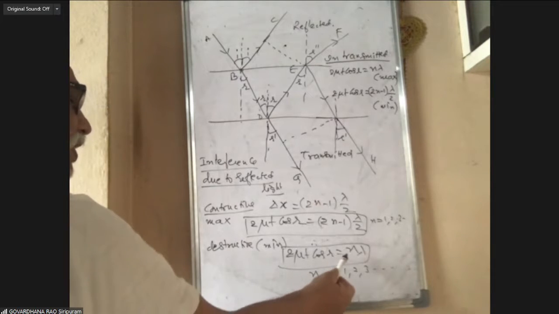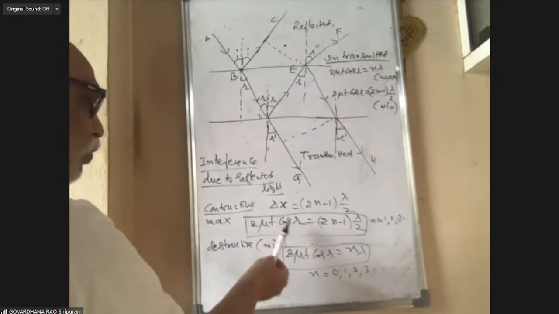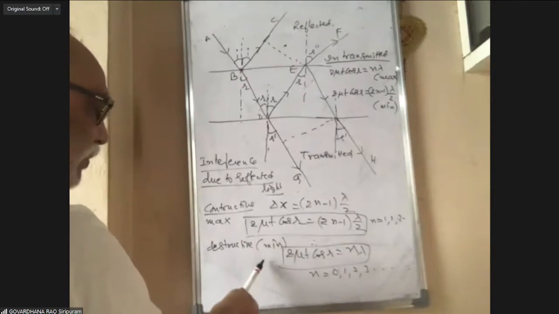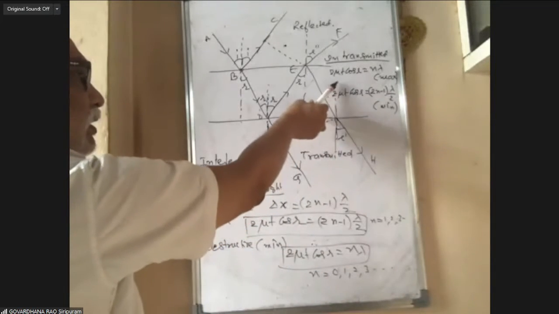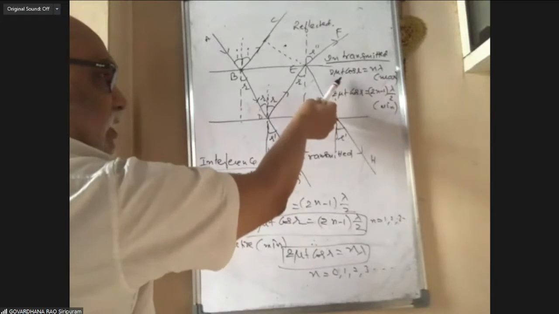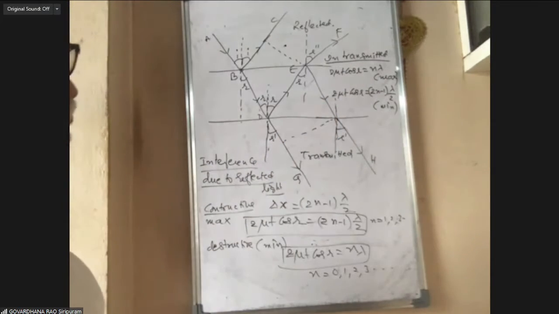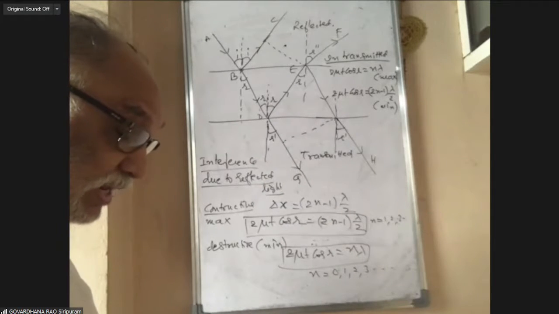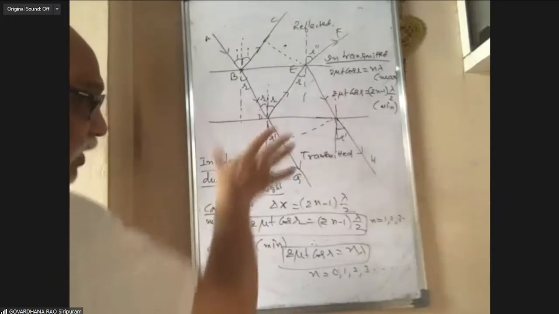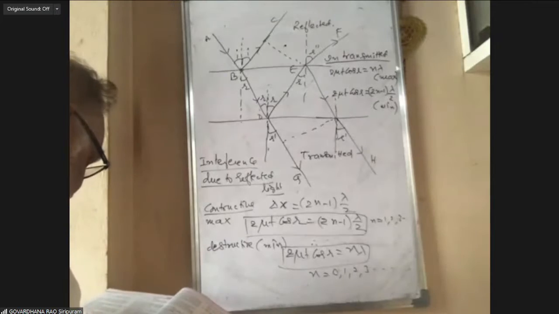Minima is this formula. Remember, whatever the condition for maxima and minima in reflection, it is exactly ulta for the transmission case. So the derivation is a waste. We are not doing it, waste of time and energy.